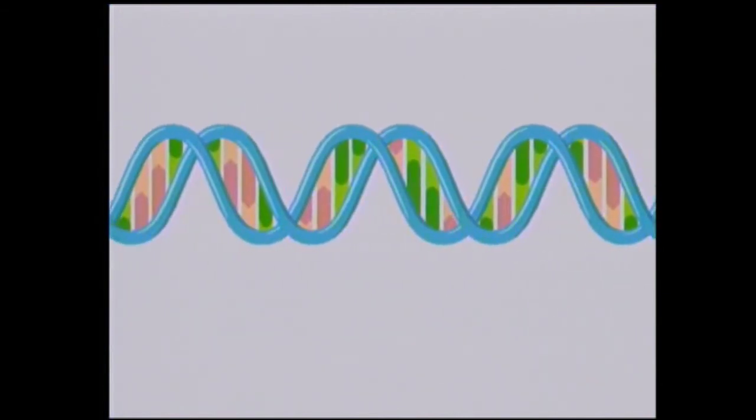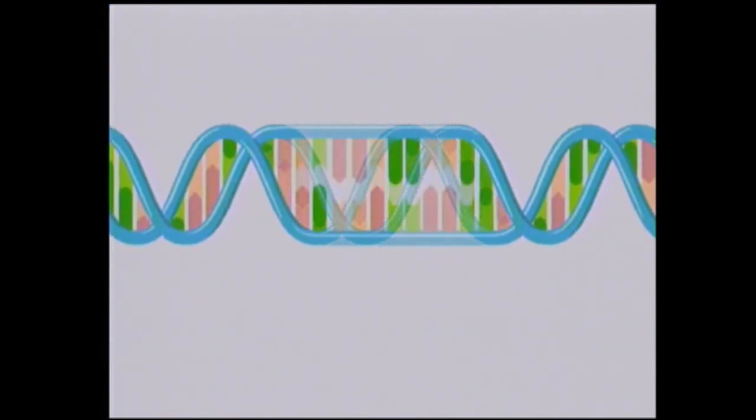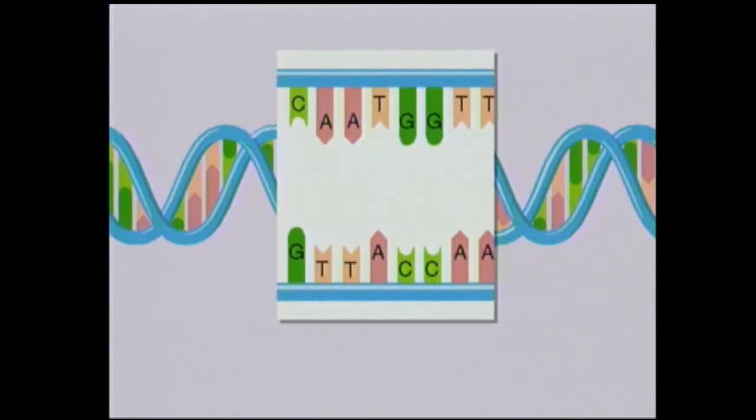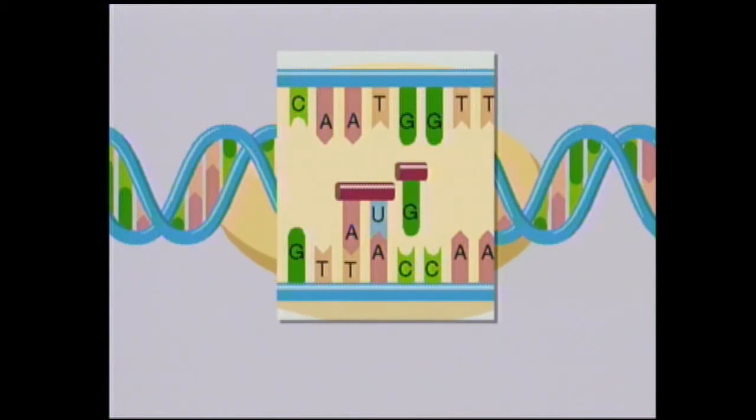Transcription begins when the 2 strands of DNA in a specific region unwind and separate. Only one strand of the DNA serves as a template for the new RNA. The enzyme RNA polymerase matches RNA nucleotides with the complementary ones on the template strand of DNA.